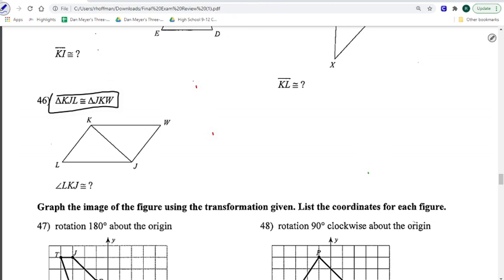We want LKJ to match up with, in order, LKJ is, in the congruent statement, 3, then 1, then 2. And so we want it to match up with 3, then 1, then 2. So in other words, angle LKJ should match up with L should go with W, then 1, K should go with J, then 2.